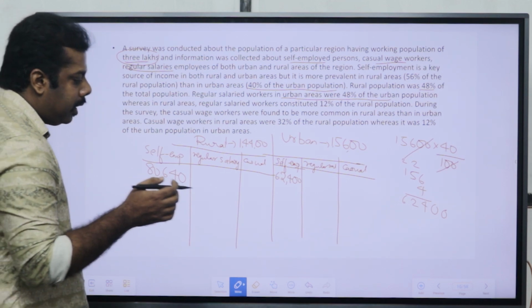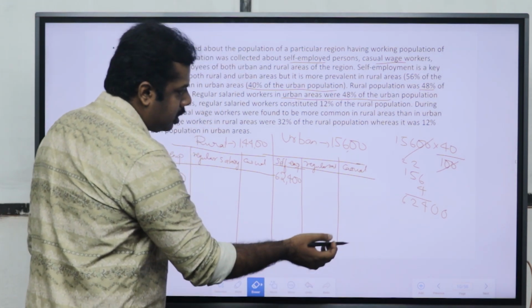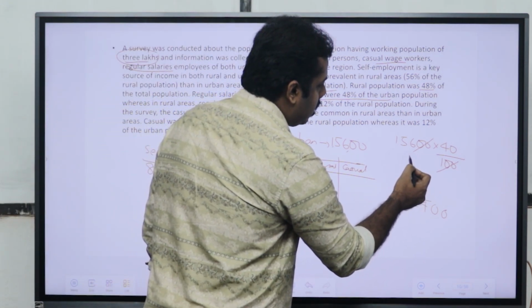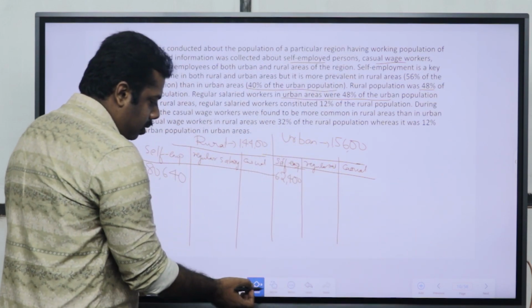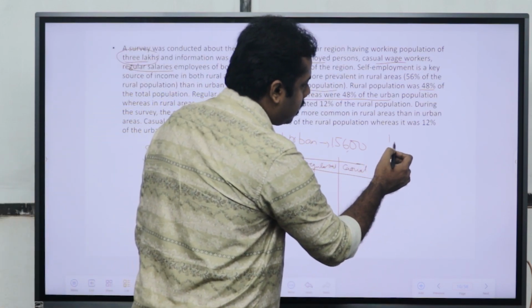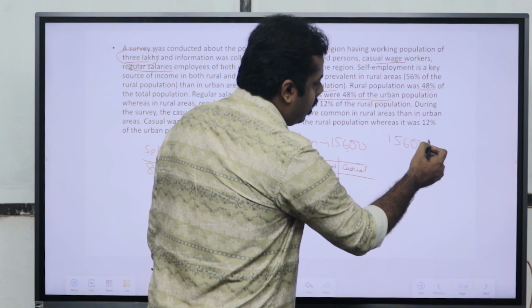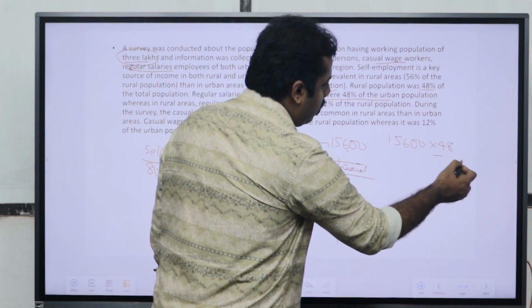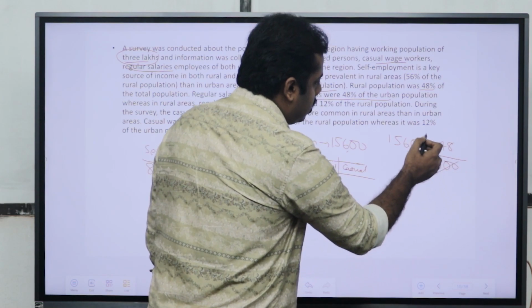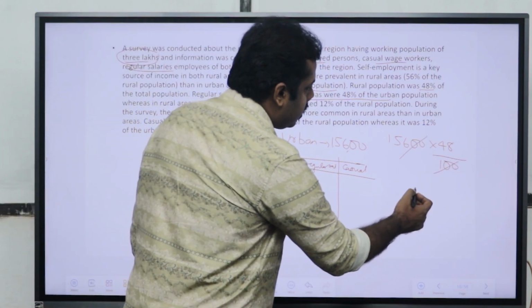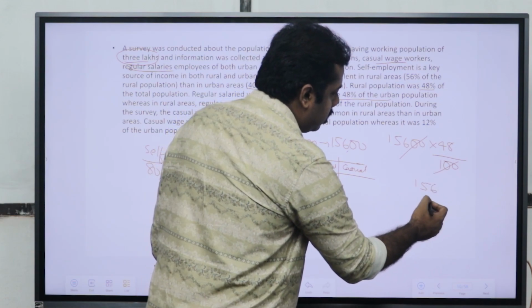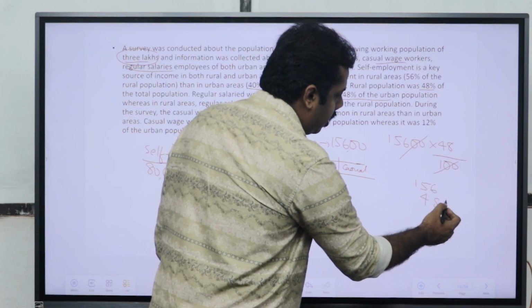Urban areas, as we know, the total population here is 1,56,000. Now we need 48% of that, so cancelling out the hundreds, we have to multiply 156 into 48.